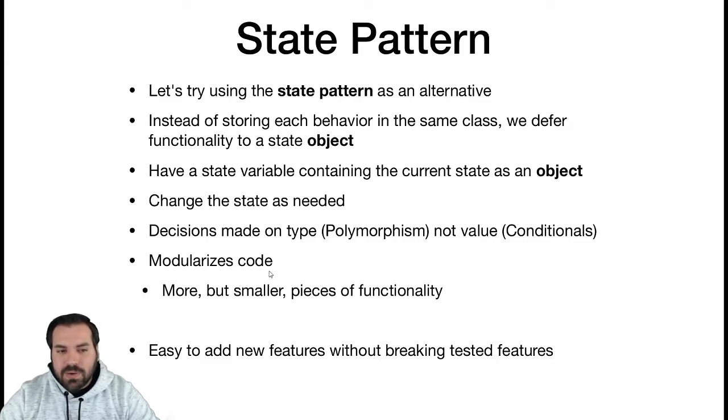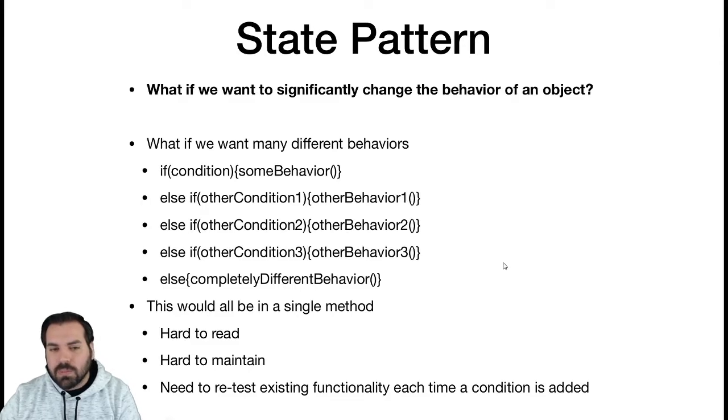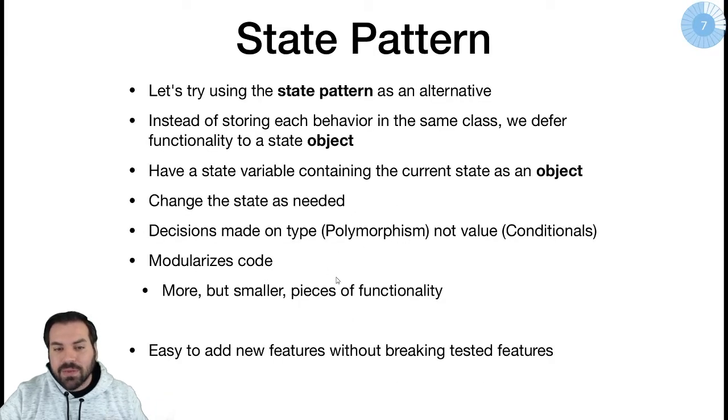By doing this, we're going to get rid of that whole conditional block, and each of these behaviors is going to be its own method in a different class, without the conditionals.